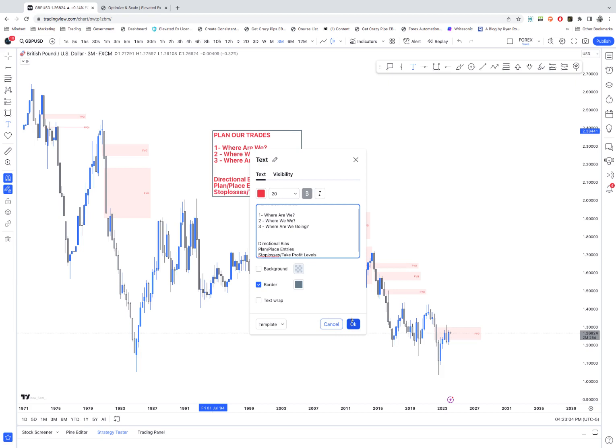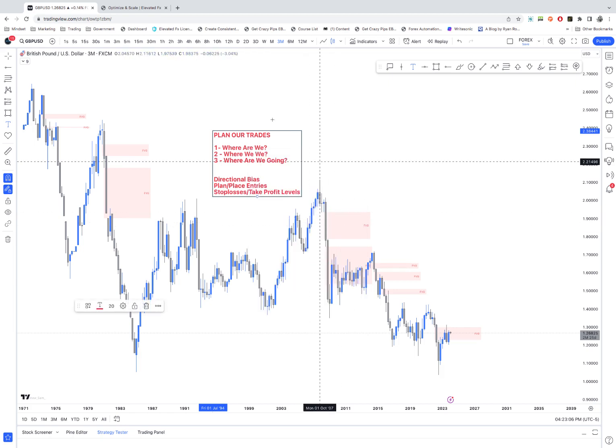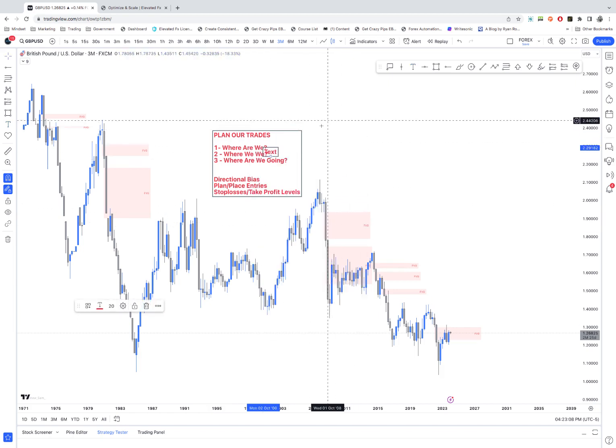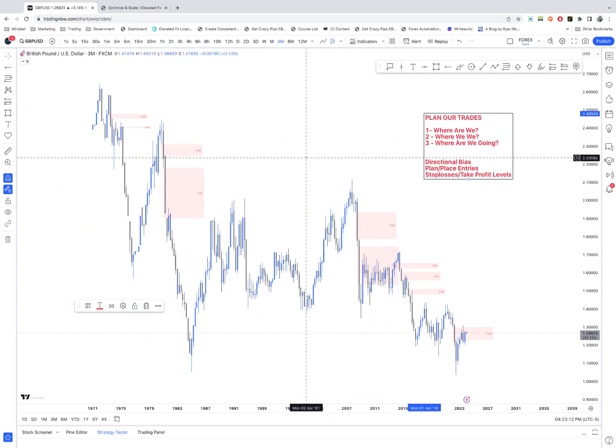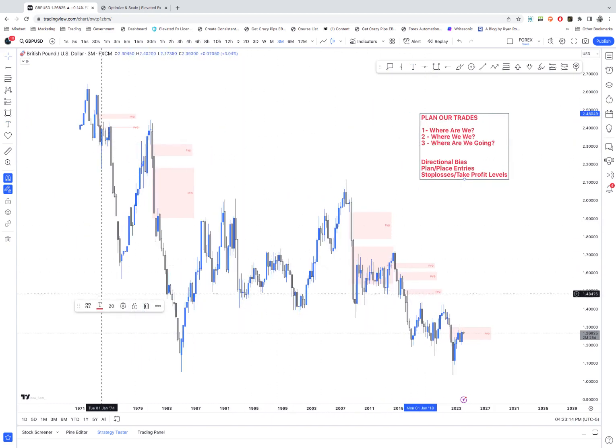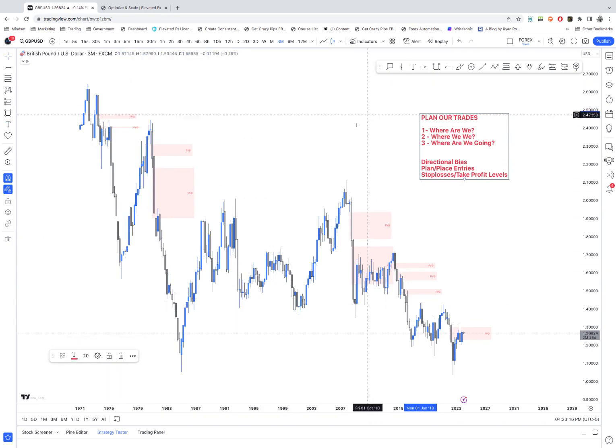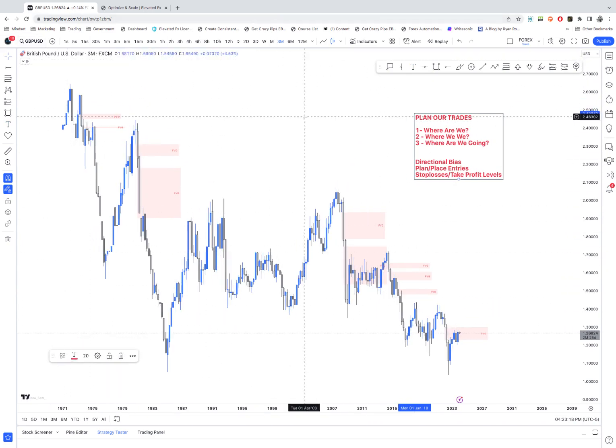Okay, so we're going to be using supply and demand levels throughout this little walkthrough here, but what I want you to pay attention to is just the process that I'm going to do real quick. Now, looking at this chart, this is GBP USD. I could have pulled up any currency pair. It really doesn't matter.